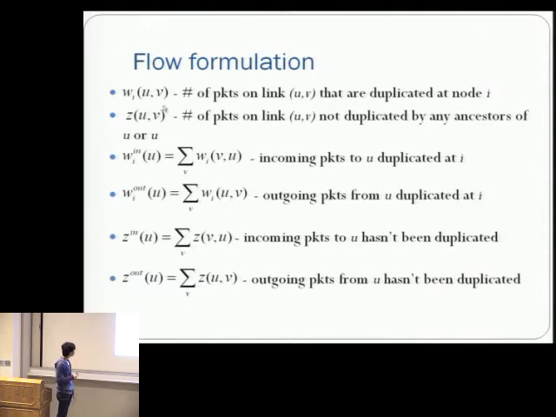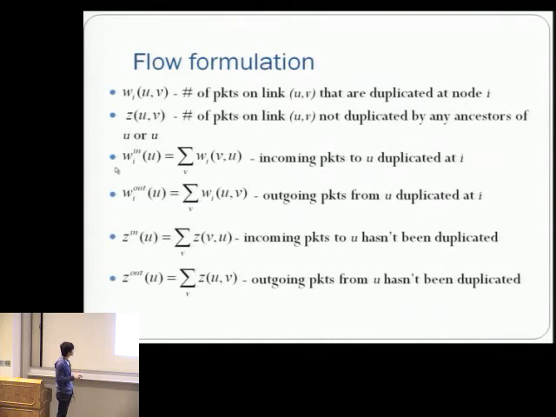So we define W_I,UV as the number of packets that go through link UV and are duplicated by node I. And Z_UV is the packet that's been transmitted from U to V and has not been duplicated so far by any ancestors of U or U itself.